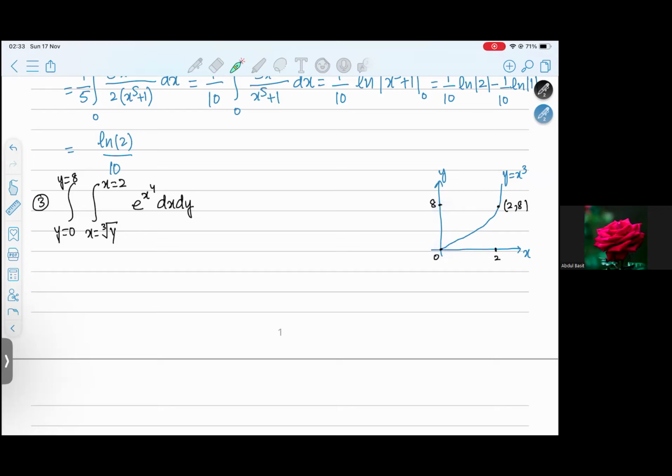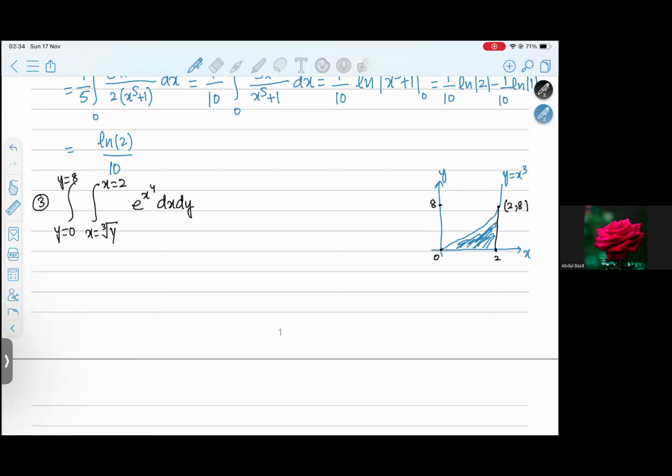And the x value goes from x is equal to cube root of y, which is again y is equal to x cube, and till x is equal to 2. X is equal to 2 is this line.